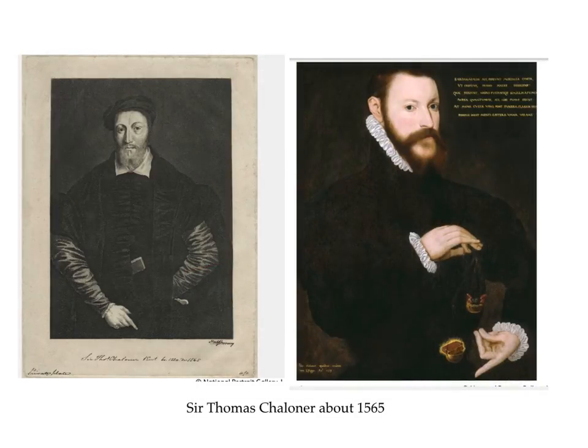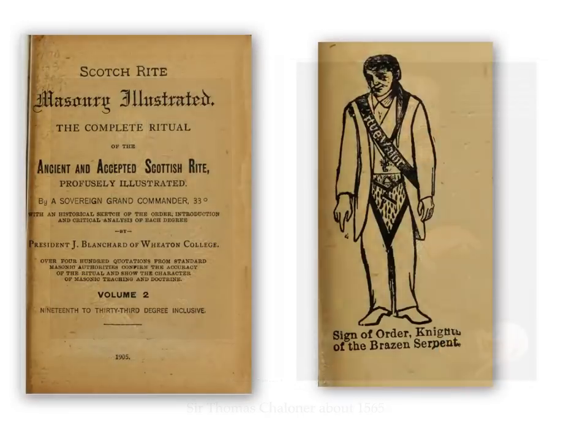Unfortunately, they seem to point in all sorts of different directions. Here are 2 examples in portraits of Sir Thomas Challoner. Its significance is much harder to define. I did, however, come across an initiation ceremony in the Scottish Rite Masonry published in 1905. The individual was required to point downwards.